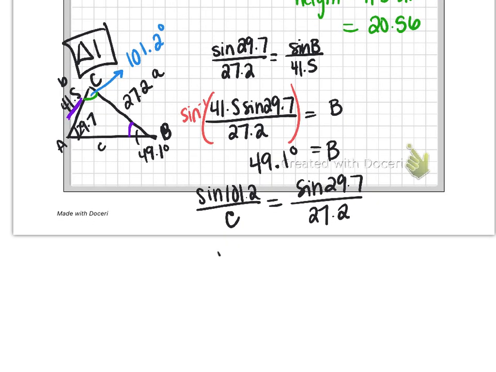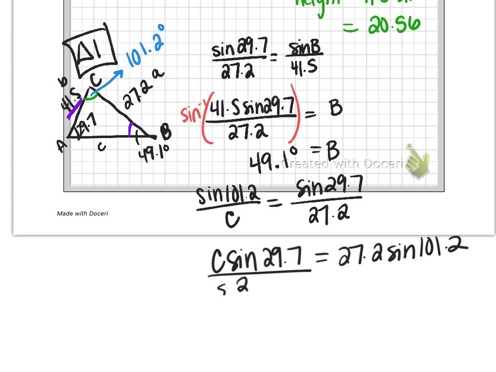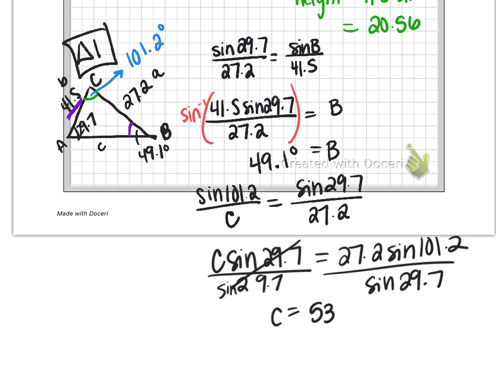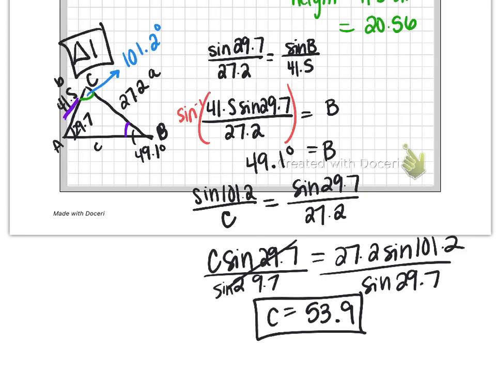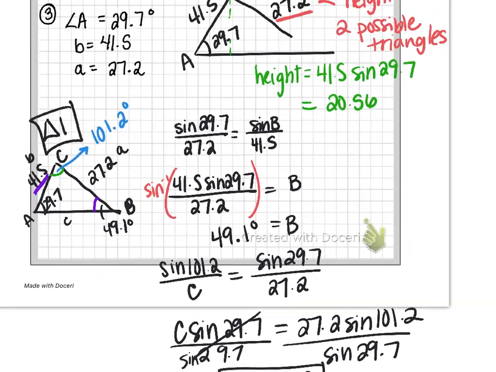So then cross multiply: C sine 29.7 equals 27.2 sine 101.2, and then divide by sine 29.7. So we get that C, put that all in our calculator, equals 53.9.